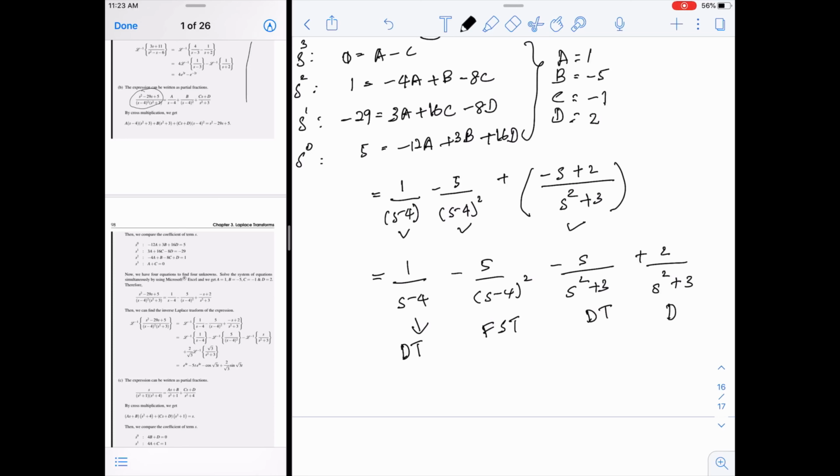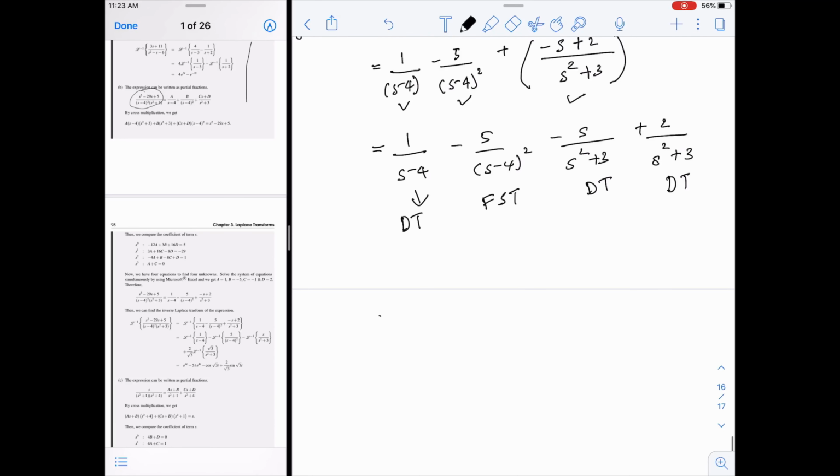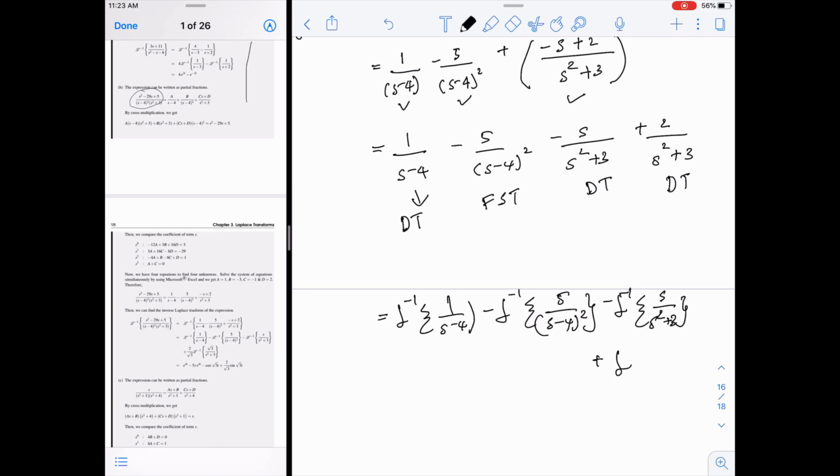So let's go one by one. You need to inverse 1 over s minus 4, minus the inverse of 5 over s minus 4 squared, and the last ones you will also get directly from the table.